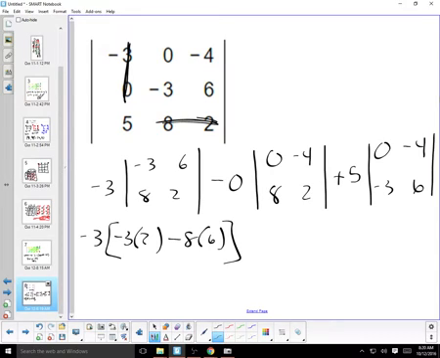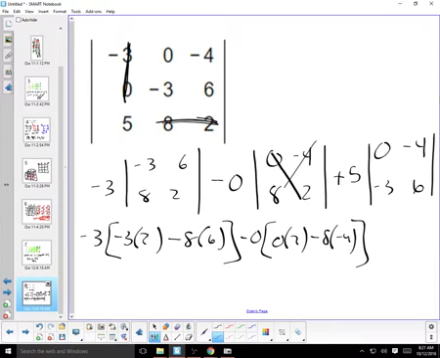Okay? And then we're going to do the next one. This is going to be 0 times 0 times 2 minus 8 times the -4. So you're still doing the determinants, but now you're doing them 3 times, because remember we did 3 diagonals.